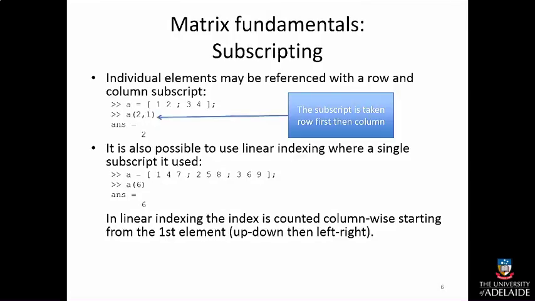Although it is a two-dimensional matrix, if you only use a single subscript to access one of the elements, MATLAB would start counting column-wise. So it would be 1, 2, 3, 4, 5, and then the sixth element is going to be returned. This happens column-wise from top to bottom, and then left to right.